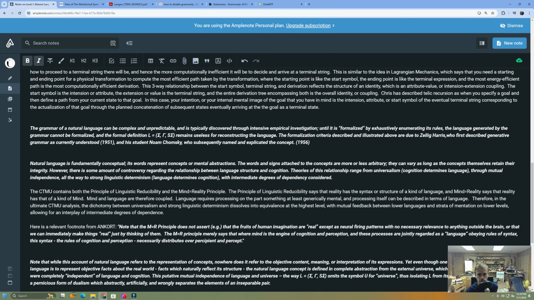The formalization criteria described and illustrated above are due to Zellig Harris, who first described generative grammar as currently understood in 1951, and his student Noam Chomsky, who subsequently named and explicated the concept.